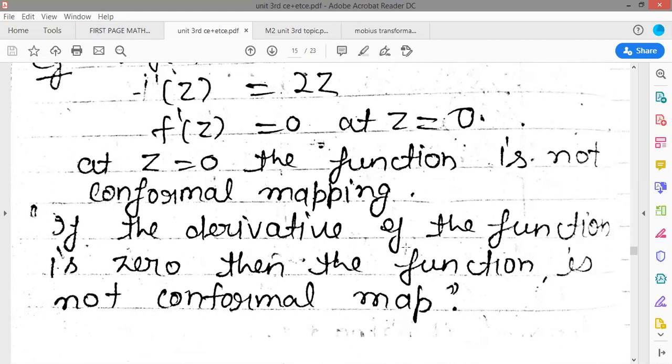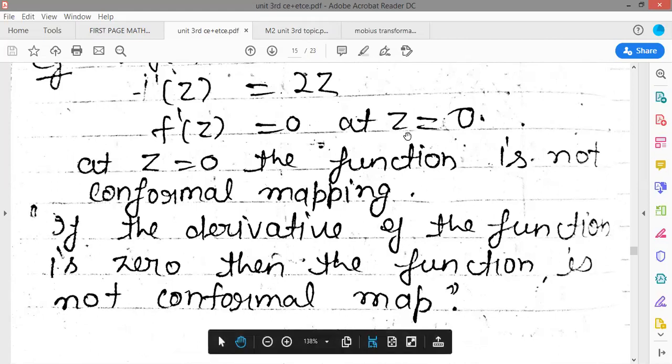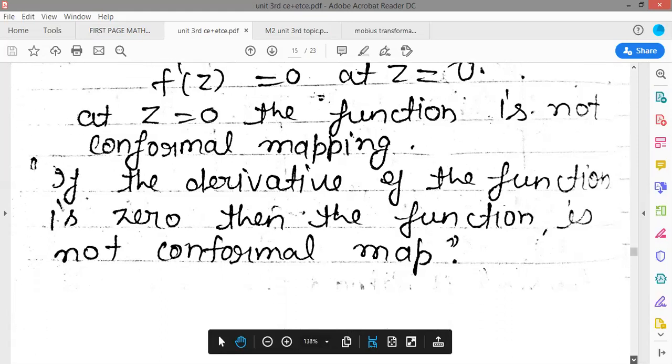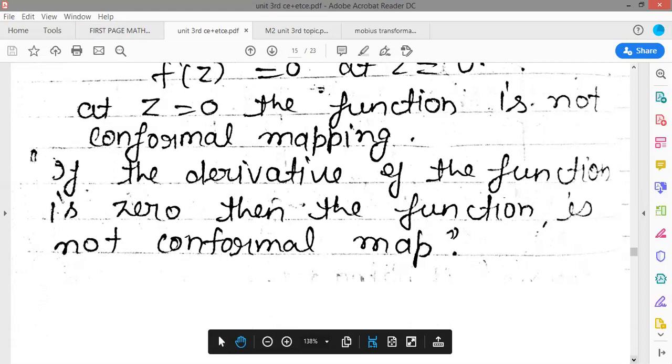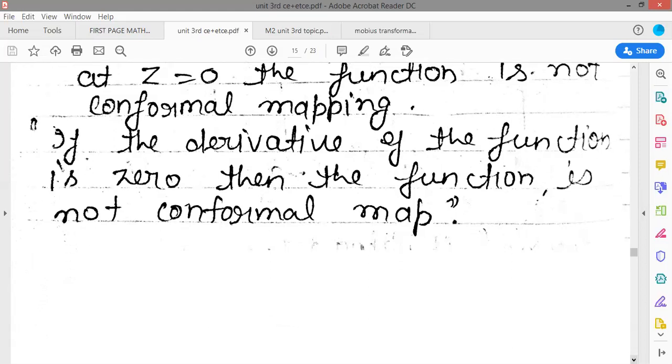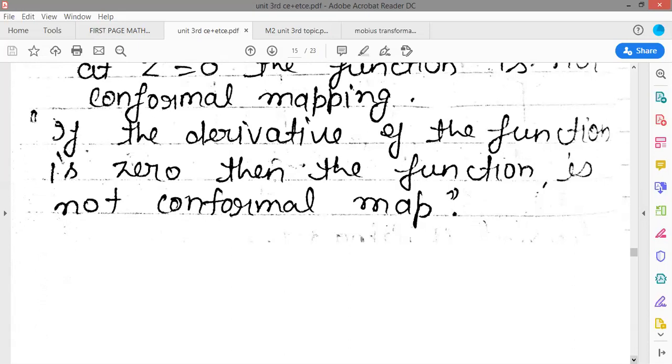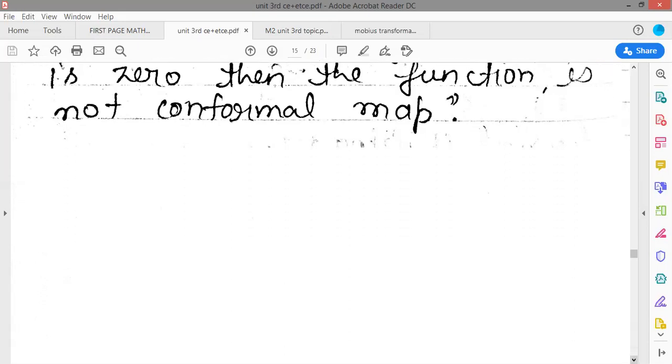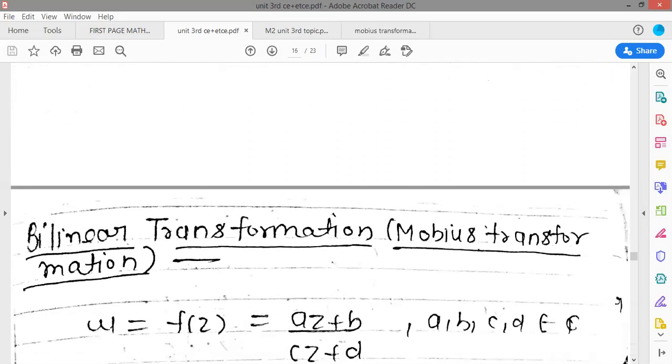So if the derivative of the function is 0, then the function is not a conformal mapping. You can check conformality by using this theorem or example. If you have a function and you find its derivative, and at zero that derivative is also zero, then you can say that the function is not conformal.